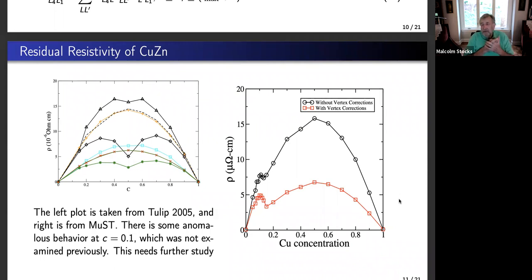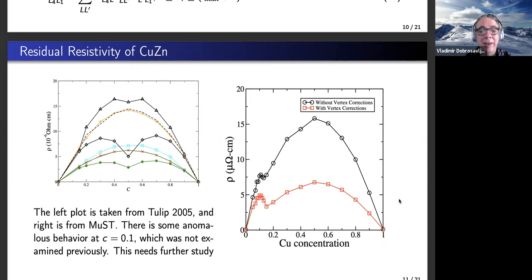So we blamed it on vertex corrections, which then, when they were put in, actually did show that it was correct. Well, all I'm saying is that if you always ignore vertex corrections, then you will never get Anderson localization, which means that the resistivity is over- or underestimated.